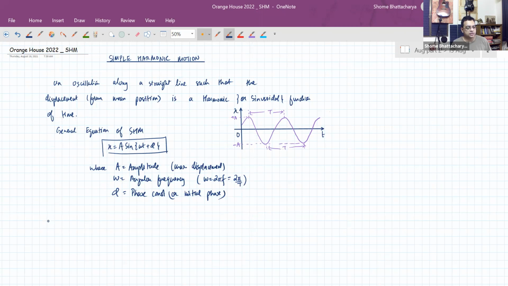Now from this we had seen that the velocity is A omega cos(omega t plus phi), and acceleration.